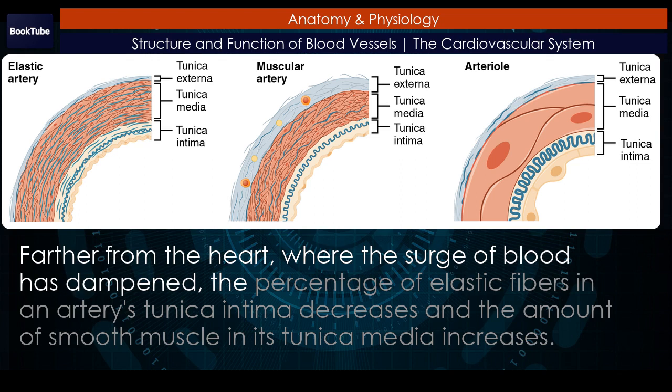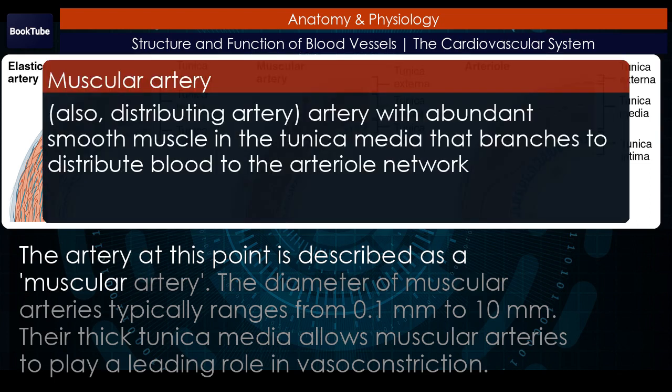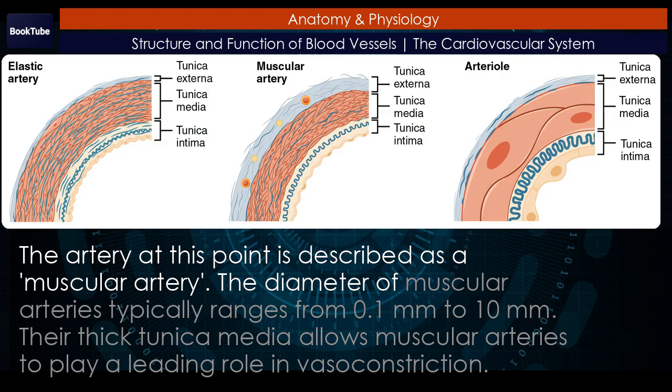The percentage of elastic fibers in an artery's tunica intima decreases and the amount of smooth muscle in its tunica media increases. The artery at this point is described as a muscular artery. The diameter of muscular arteries typically ranges from 0.1 mm to 10 mm.